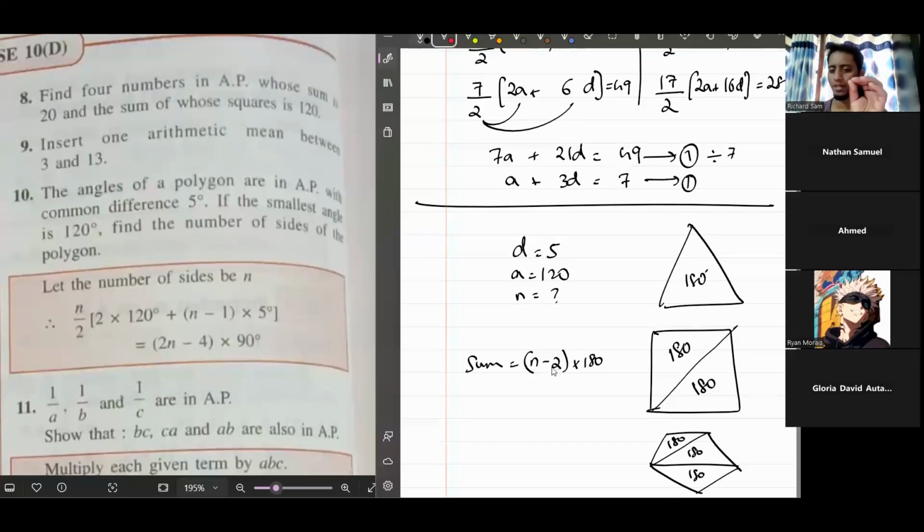Here n is 3: 3 minus 2 is 1, 1 into 180 is 180. Here n is 4, so 4 minus 2 into 180, that's 2 into 180. Here there will be 5 minus 2, which is 3 into 180. Okay, so this is the formula to find the sum of angles of a polygon.